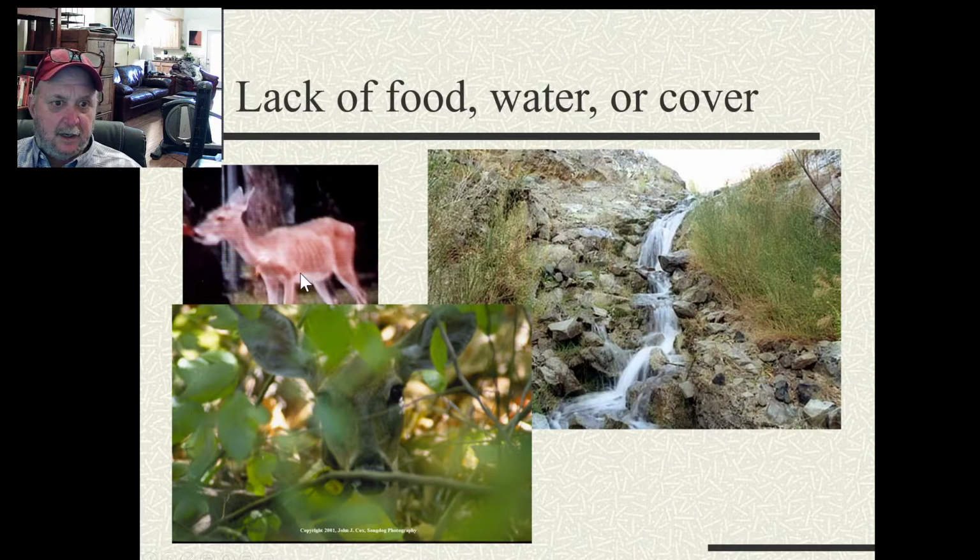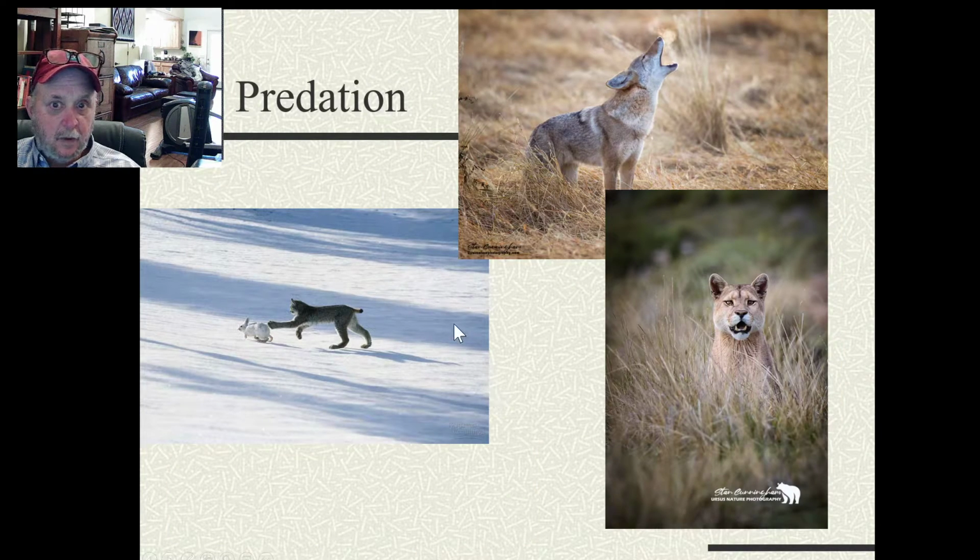So again, looking at environmental resistance, the three biggies that keep populations from exploding: lack of food, lack of water, lack of cover. Predation is another key one. We didn't think it was as important when I was younger as we do now. We know it's much more important now. So these two species here in Arizona help maintain populations.